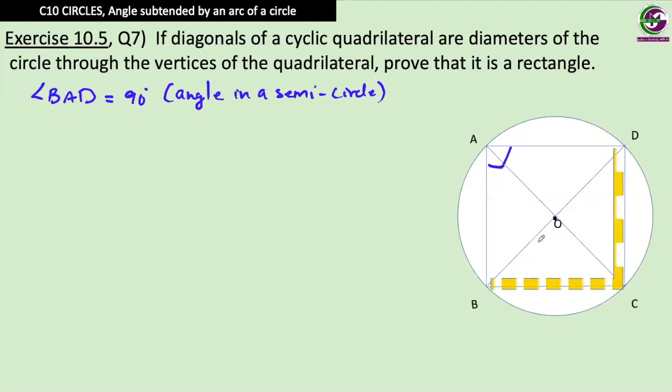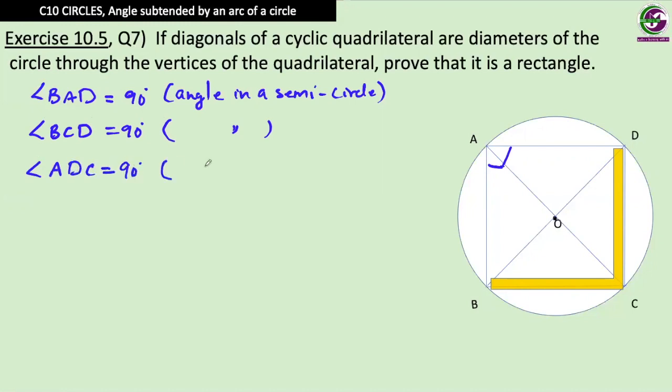Similarly, consider the angle BCD. Angle BCD is also 90 degrees, for the same reason. Again, when you consider AC as the diameter, angle ADC is 90 degrees, same reason, with AC as the diameter.